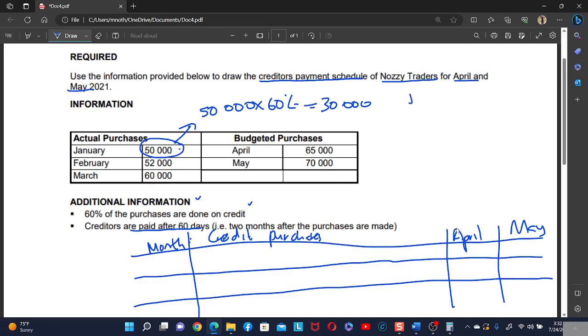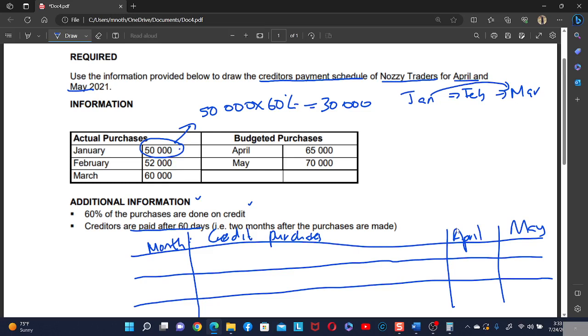January, February, and March. In March, right? Because we are told that creditors are paid after 60 days, meaning they will be paid 2 months after the purchase is made.